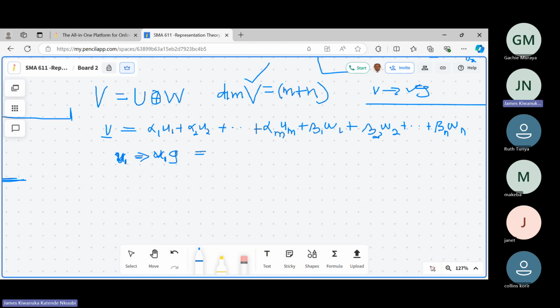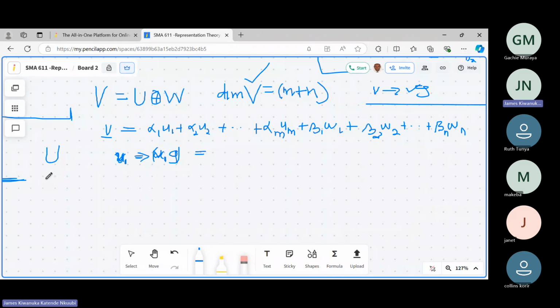So the idea is to get the matrix, you need to get the linear combinations of the basis vectors. Also take advantage, the other thing is that U is a submodule.